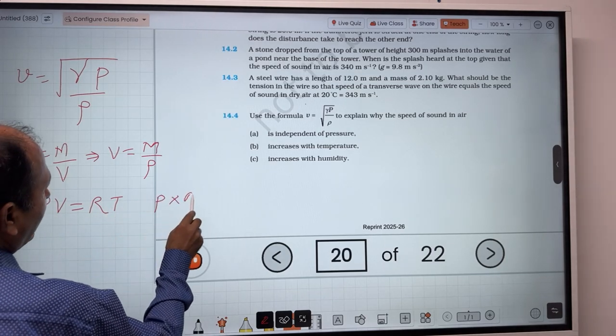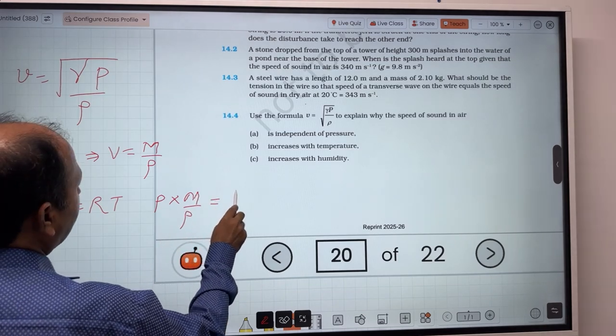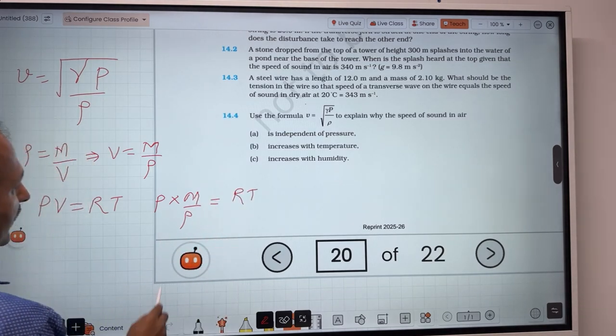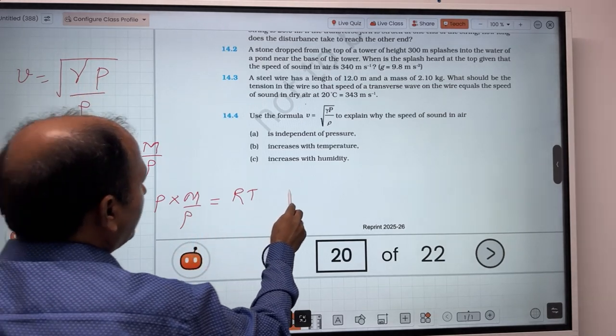P M upon rho equal to RT, right? In our question we are given P upon rho.